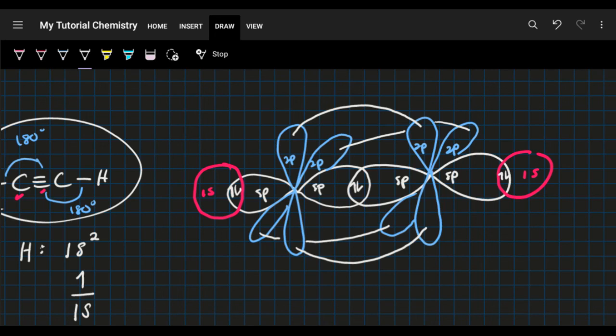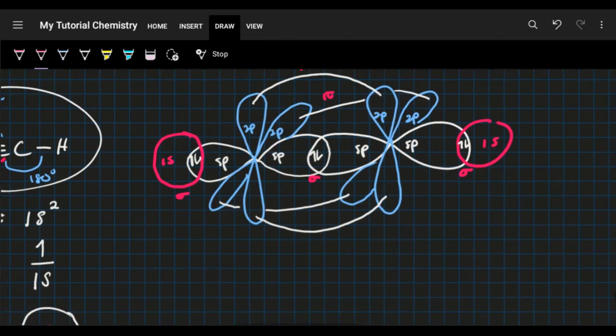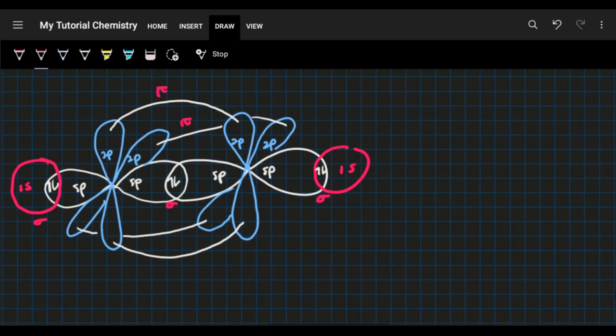Where is the sigma bond? This is a sigma bond, sigma bond, sigma bond, sigma bond. The 2p overlapping forms pi bonds. That is why for ethyne, C, C, and hydrogen, the triple bond has one sigma bond and two pi bonds.